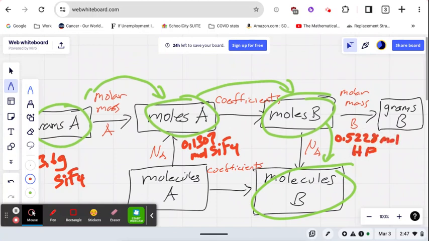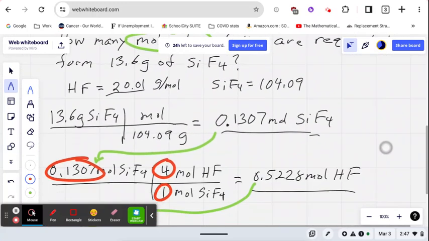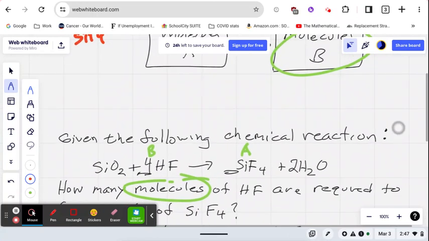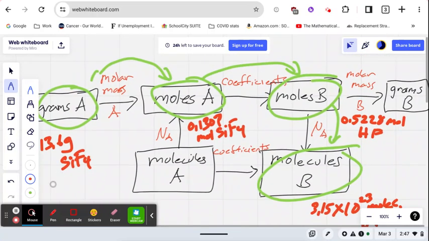That didn't get turned to grams, although I could have. But we got our number of molecules, 3.15 times 10 to the 23rd molecules of HF. And there you go. So that's how you can do these problems.